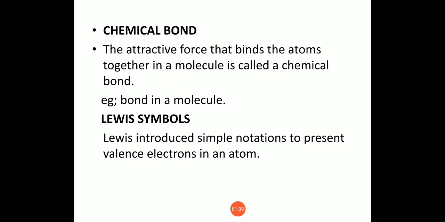In order to represent a bond in a molecule, we need some concepts. For that, we are going to introduce a new concept, that is Lewis symbols. I think you all have studied in 10th class what is Lewis symbol.